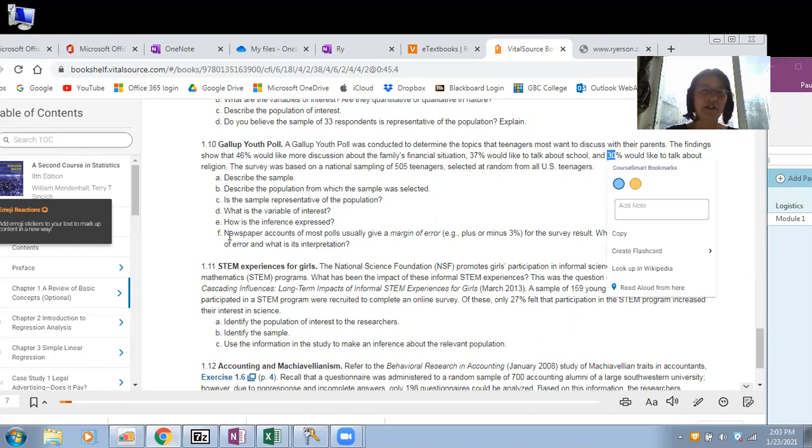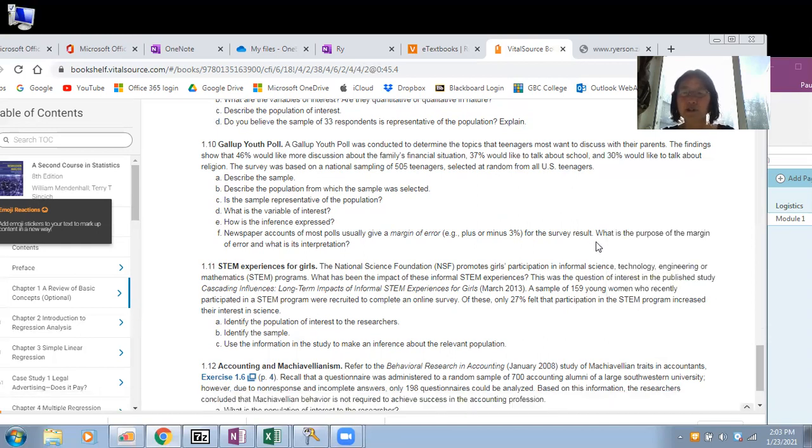Question F, newspaper accounts of most polls usually give a margin of error, for example, plus or minus 3% for the survey result. What is the purpose of margin of error, and what is its interpretation?